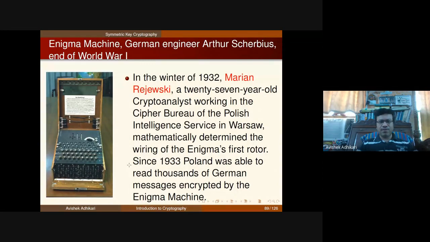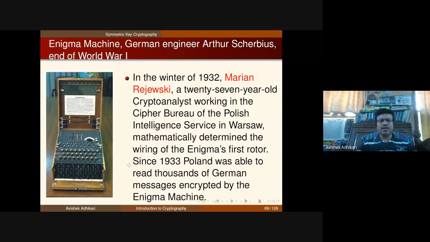After a few such incidents, the German soldiers or Hitler came to know that something had happened, but it was too late. By that time, the Germans had lost many of the wars.